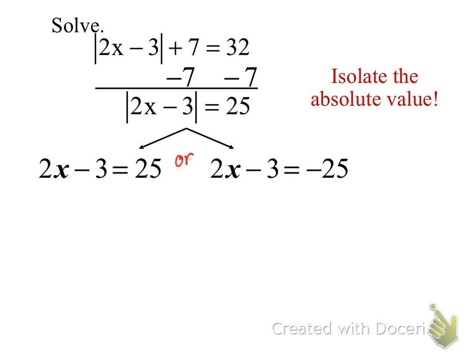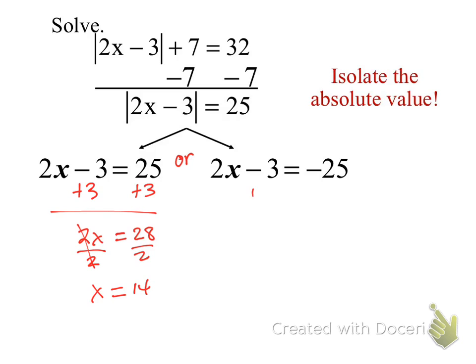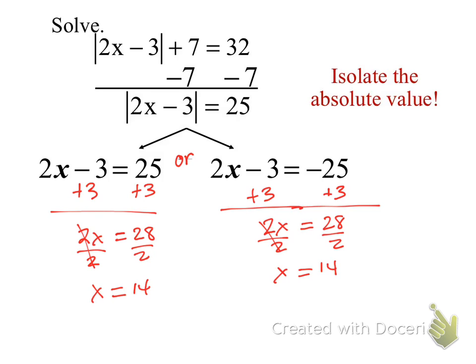You add 3 to both sides, and we get 2x equals 28. Divide by 2. You should be doing it yourselves right now. Adding 3, property of equality. 2x equals 28. Divide by 2, and x equals 14.